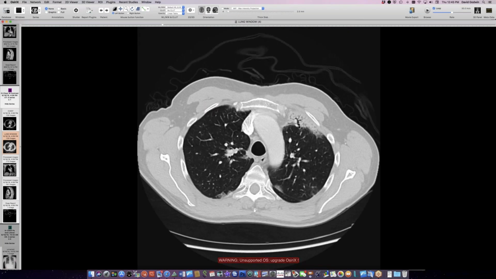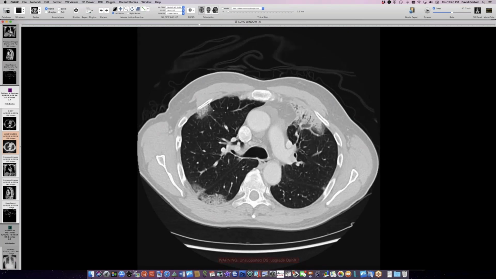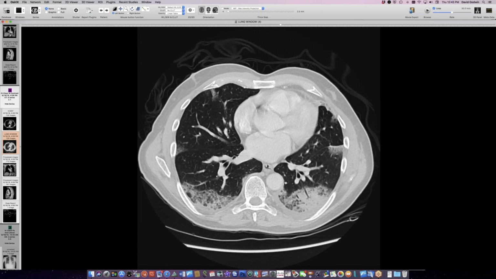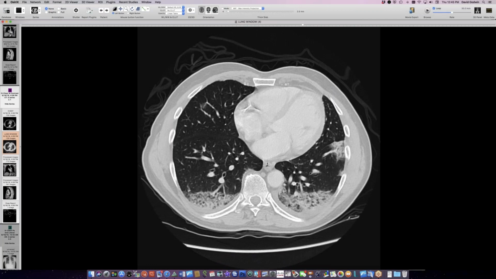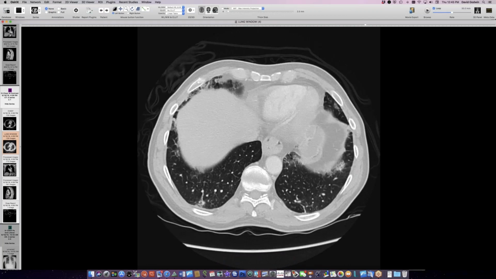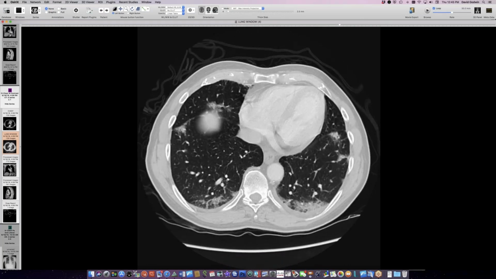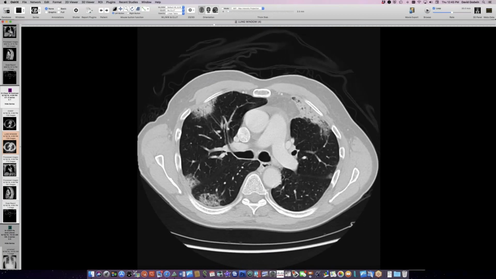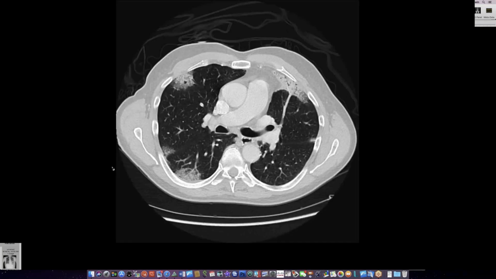This is very peripheral, patchy ground glass and denser consolidation, just loving the periphery here, the edges of the lung, and almost certainly organizing pneumonia, just given its morphology on CT. I don't have any biopsy results of this.